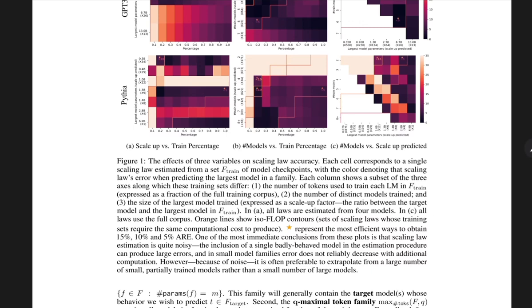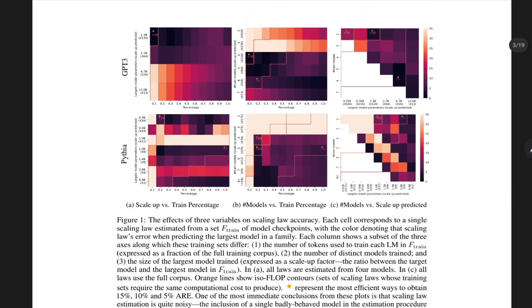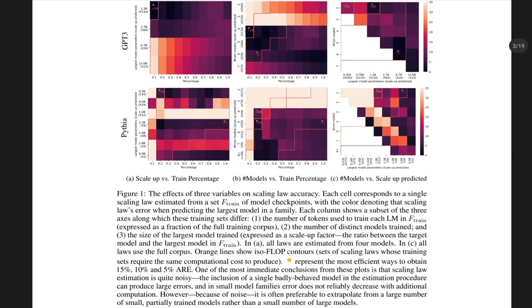All laws use full corpus. Orange line shows a flop contour, right? Sets of scaling laws whose training sets require the same computation. And if you're wondering what the star is, it represents the most efficient way to obtain that 15%, 10%, and 5% accuracy, the absolute relative error. So yeah, that's how things are.